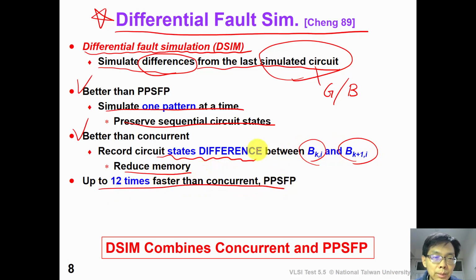According to the original paper, DSIM is up to 12 times faster than concurrent fault simulation and PPSFP. In summary, DSIM combines the merits of concurrent and the PPSFP.